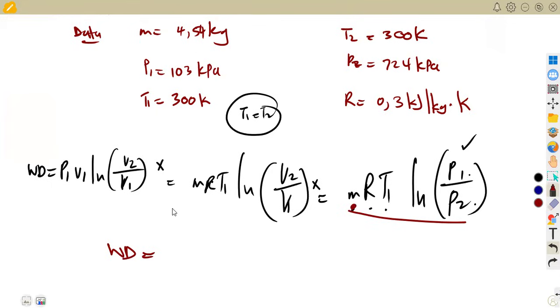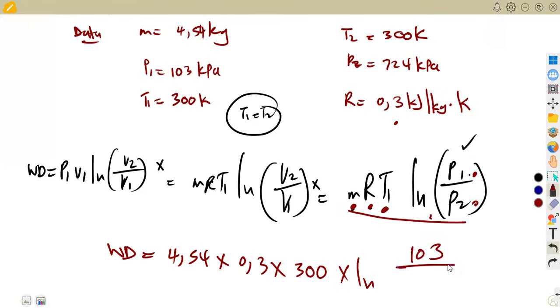That is the mass, 4.54 times R, the gas constant, which is 0.3, times T1, the temperature of 300, times the ln of P1 over P2. So that's P1, 103 over P2. Our P2, remember, it was 724. And this is being compressed.